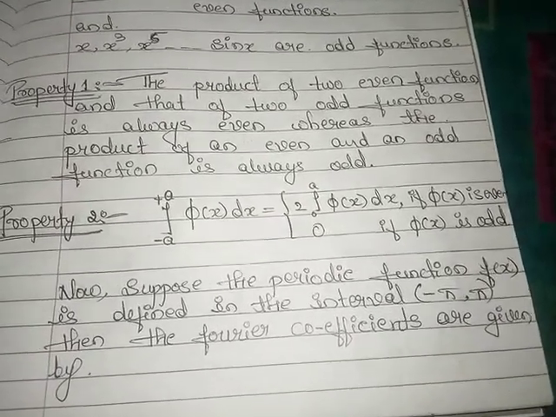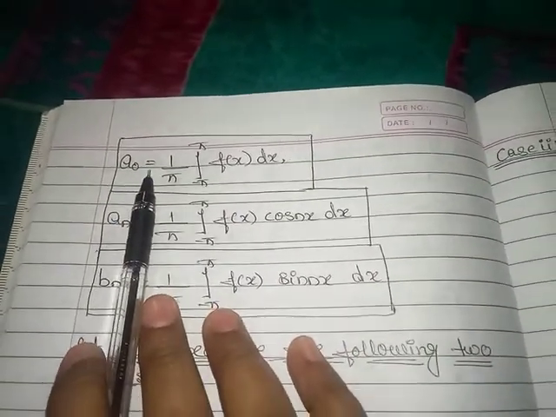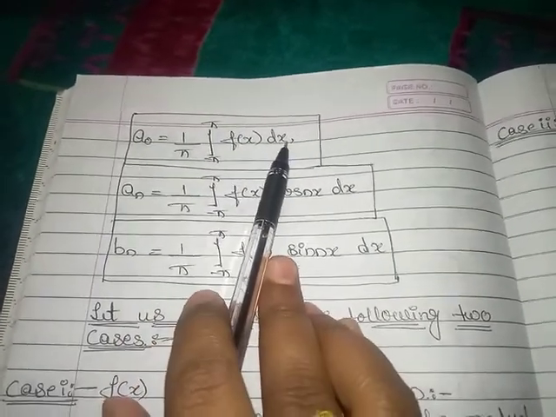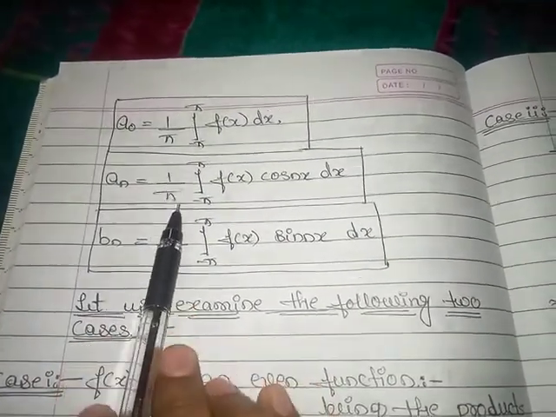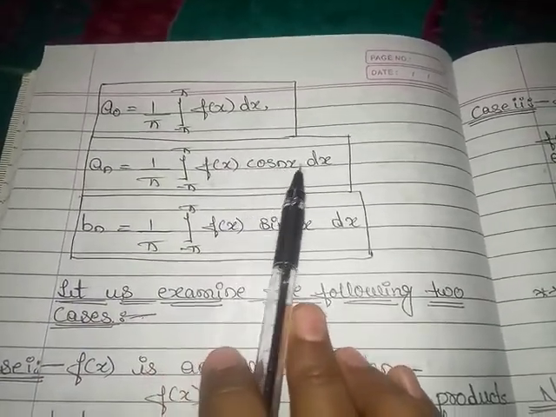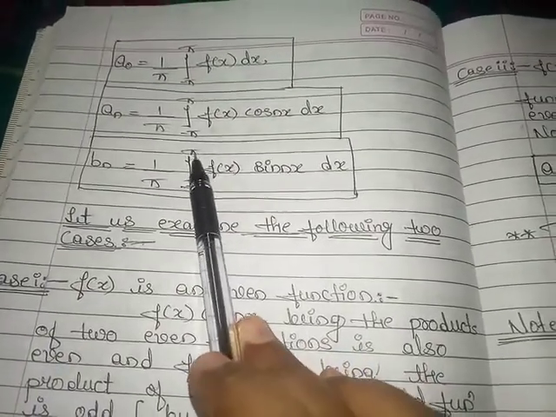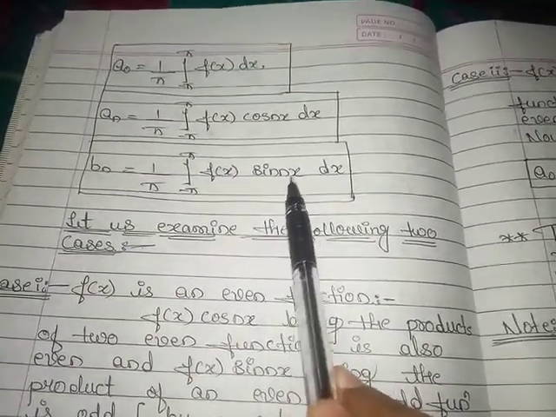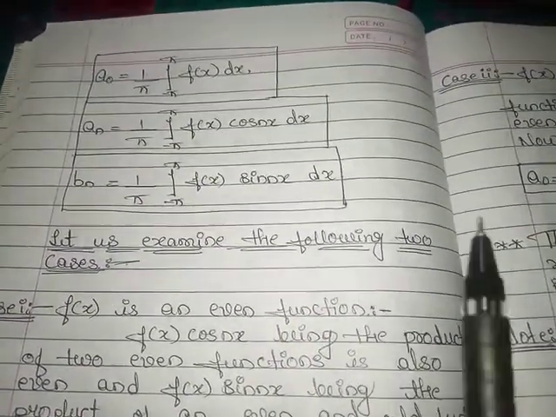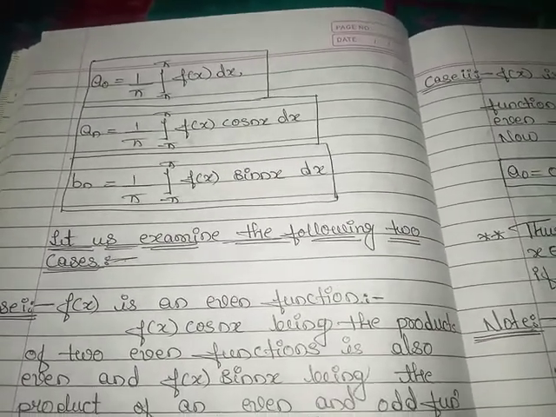We have the Fourier coefficients: a0 is equal to 1/π times the integral from -π to π of f(x) dx, an is equal to 1/π times the integral from -π to π of f(x) cos nx dx, and bn is equal to 1/π times the integral from -π to π of f(x) sin nx dx. These are the three coefficients when the given function is periodic with interval (-π, π).